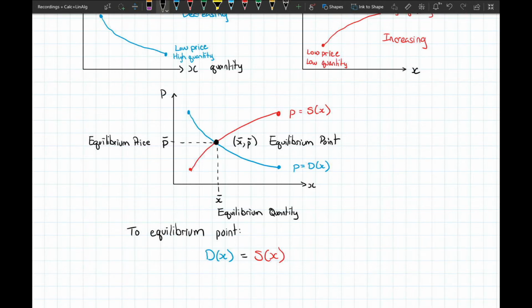What happens if the price is, let's say, maybe a bit too high? So if you've got in green here a high price, what's going to happen? You can see that when the price is arbitrarily set too high above the equilibrium price, the quantity that is demanded is going to be less than the quantity supplied.